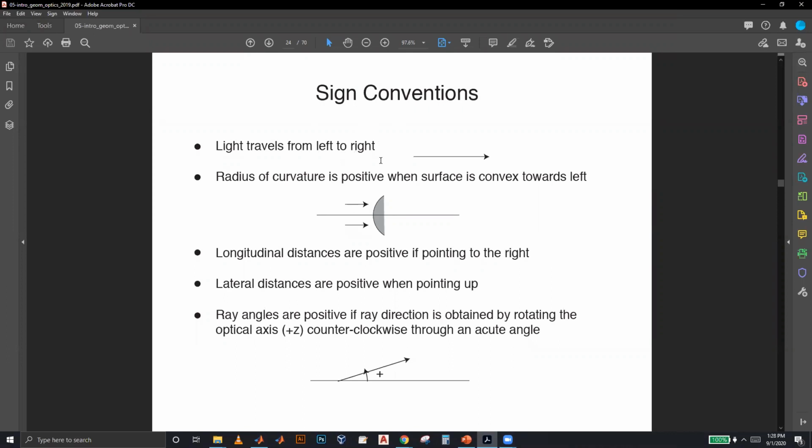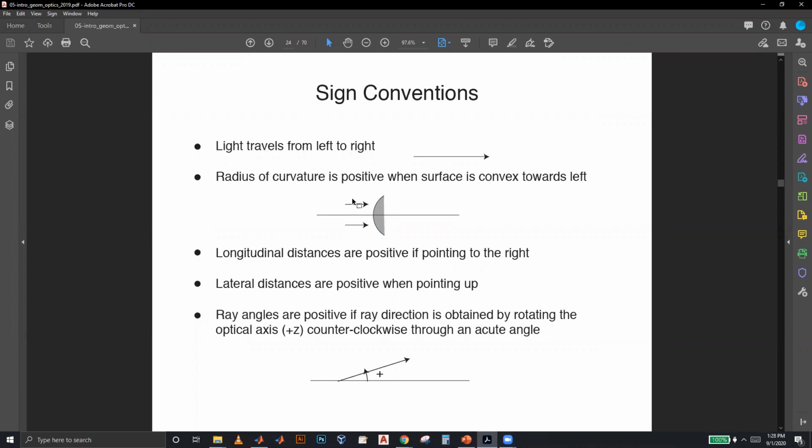So the sign convention slide is very important. When you solve your geometric optics problem, and there will be one, don't forget this slide. Light travels from left to right is the convention. If light travels from left to right, the radius of curvature is positive when the surface is convex, bent like this, convex toward the left.